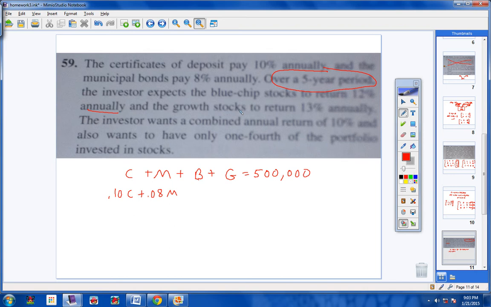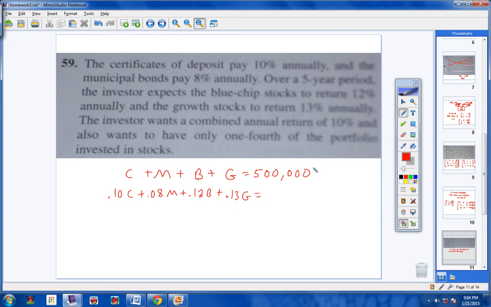And the growth stocks to return 13% annually. So they just threw this in here to confuse you, okay? Don't worry about the 5-year, it doesn't matter. So the blue chips are going to gain 12% annually, and the growth are going to get 13%.